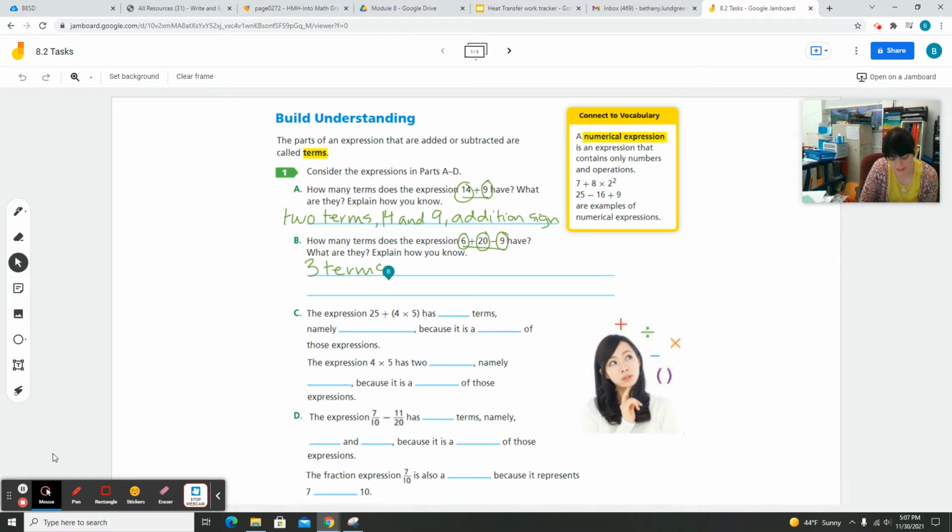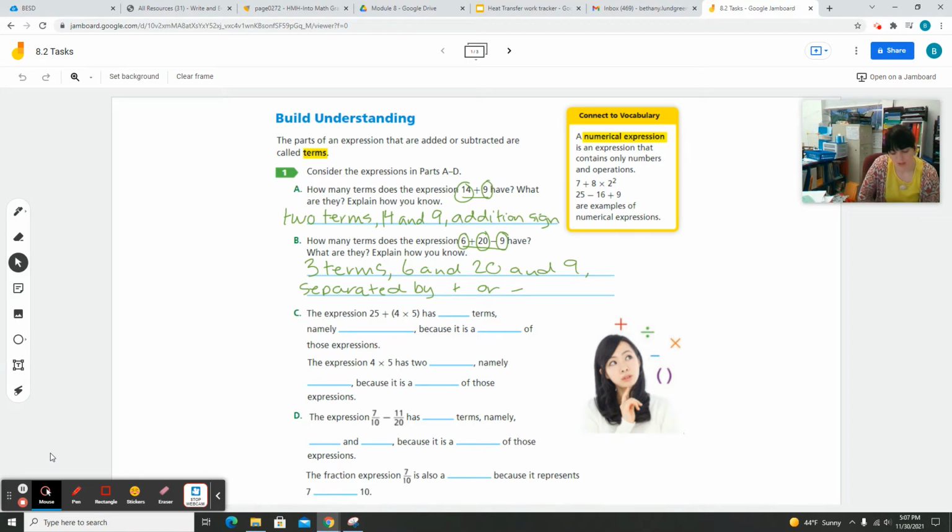Those terms are 6 and 20 and 9. And we know that there are 3 terms in this expression because they are separated by an addition sign or a subtraction sign.